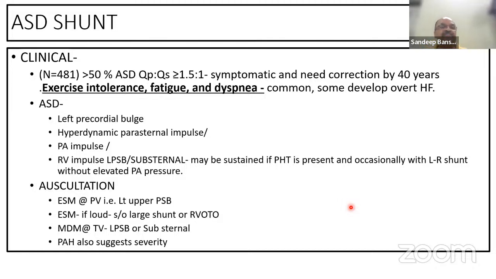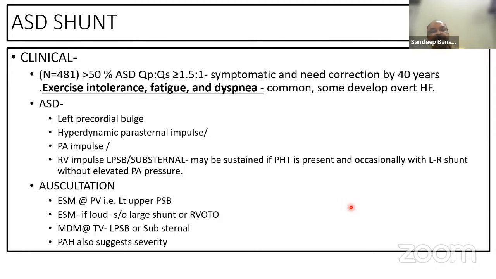Now, as far as the clinical findings are concerned, because the shunt starts quite early in age and it causes a distension of the right atrium and the right ventricle, a left precordial bulge is an important finding, because the enlarged chambers are pounding on the skeletal chest cage of the small baby.